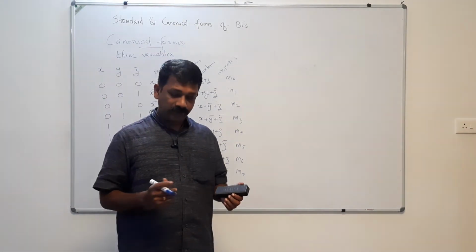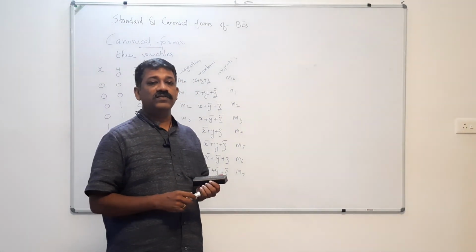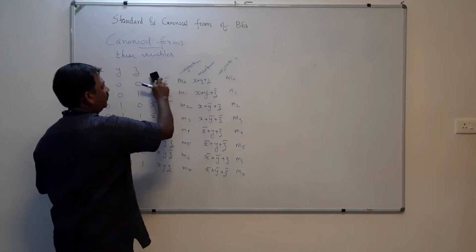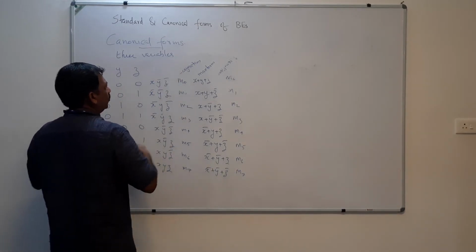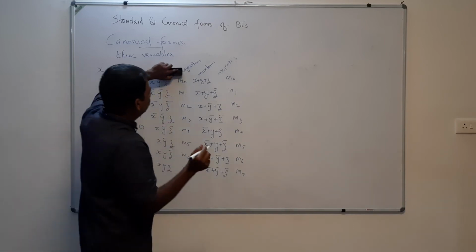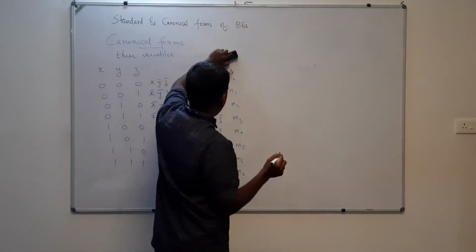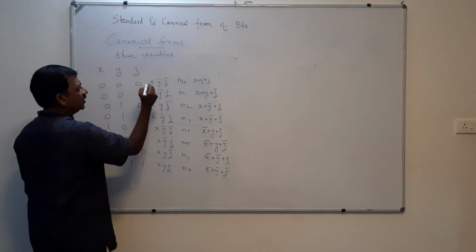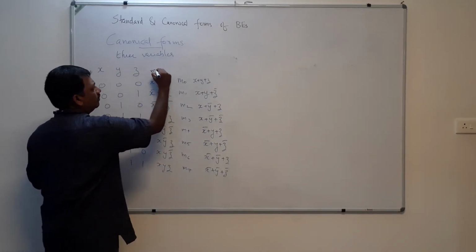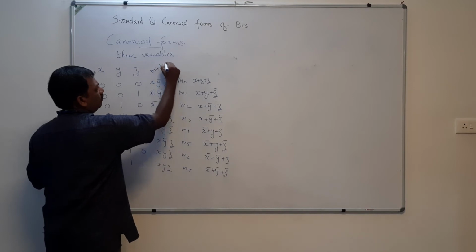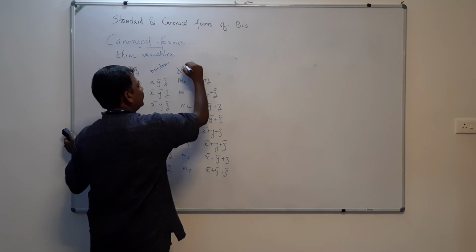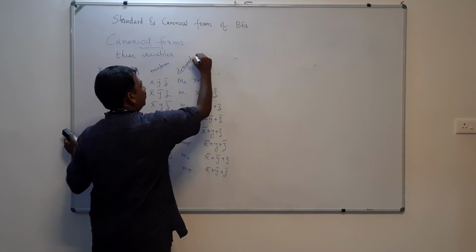Continuing with canonical forms. Here, these are x, y, and z. This is the min term, and this is the designation of the min term.